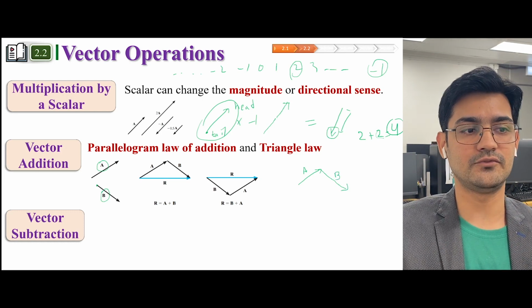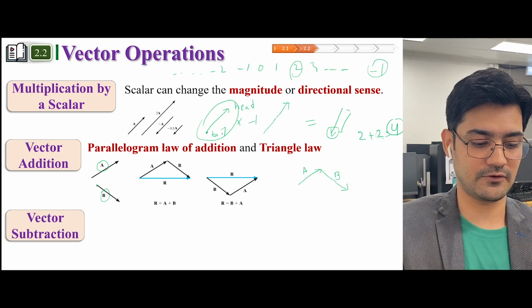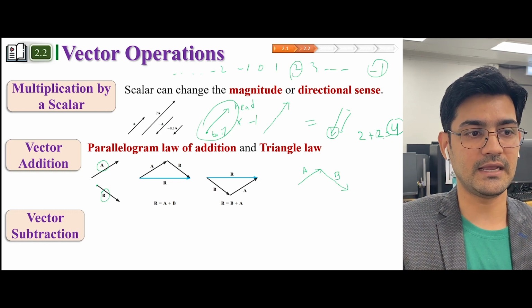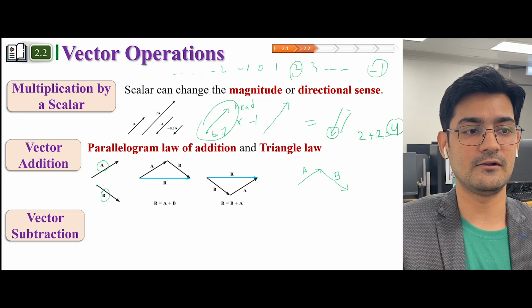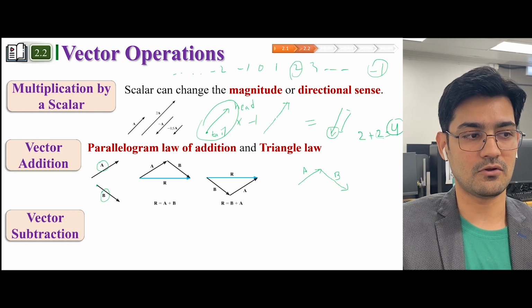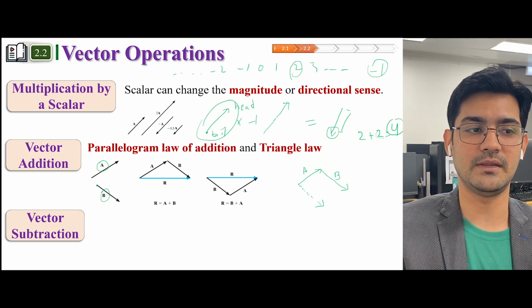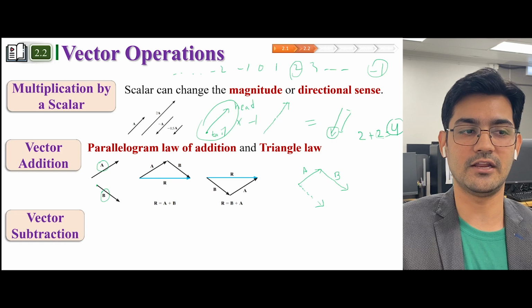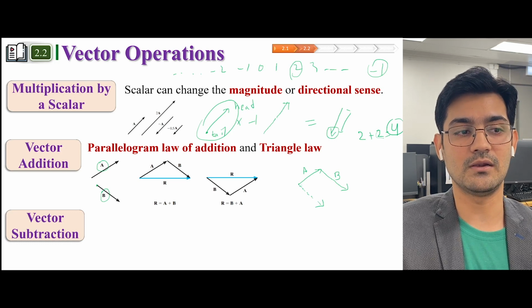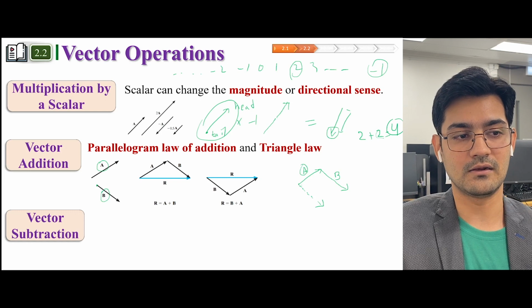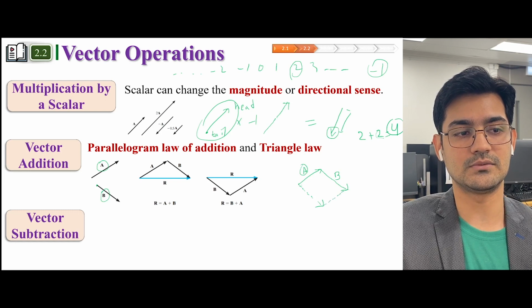Now we have to draw parallel lines. For example, this is a vector B. I have to draw another parallel vector, but on the tail of vector A. So this is exactly vector B, but I have drawn it on the tail of vector A. Similarly, I will put this vector A parallel in this way.